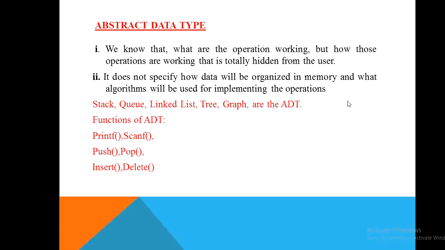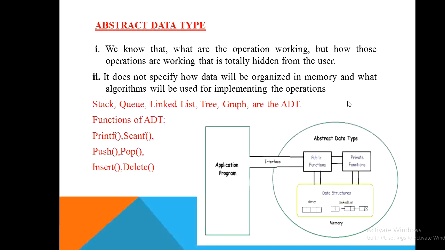So these are implemented on the data structures, so we can call these data structures the abstract data types, right? ADT. Stack, queue, linked list, tree, graph are the abstract data types.